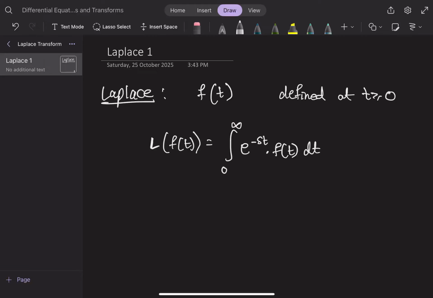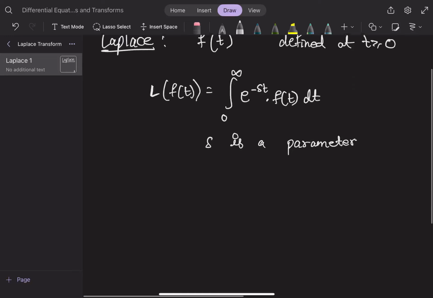Here s is a parameter. So basically you can say that Laplace of f(t) will give you a different function of s.